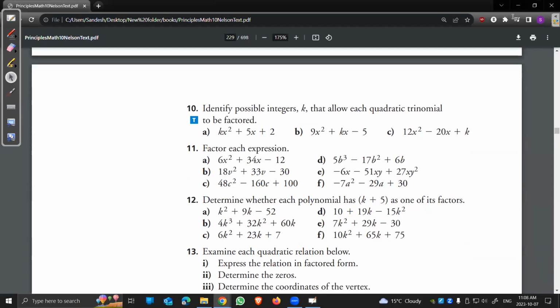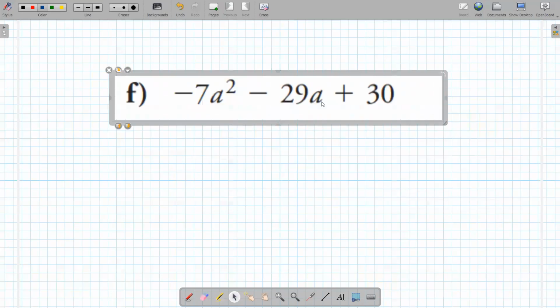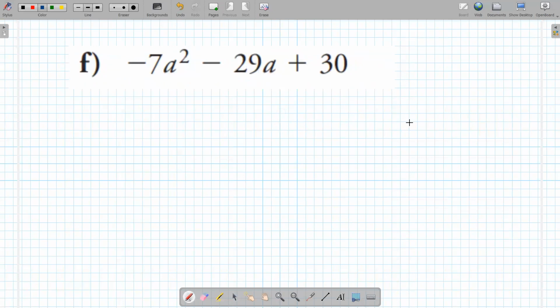We're going to find a super complicated one. This one, 29 is a prime number, so this one could be tricky. Looking for two numbers. When they multiply, what do they multiply to in this case? Negative 210.